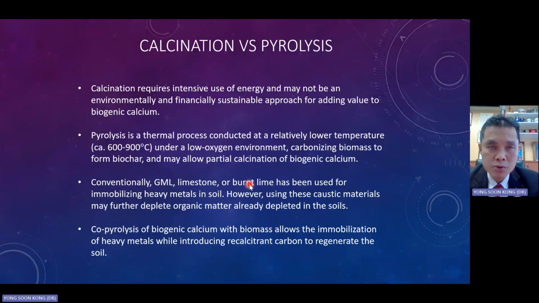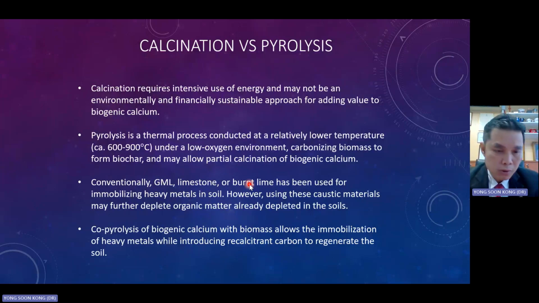Usually soils that suffer stress and toxicity would have very little vegetation, and as a result, the organic matter is naturally low. That gives us some concern because constant liming might exacerbate the problem. It might decrease the organic content further, given the caustic nature of this liming agent, and for sure it will deplete the organic matter.